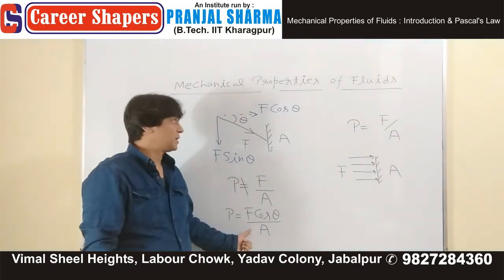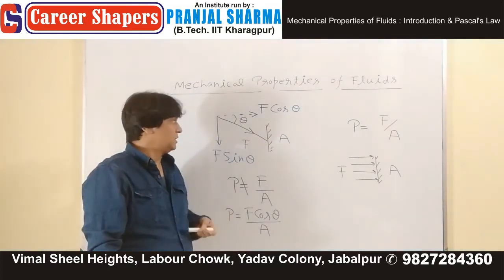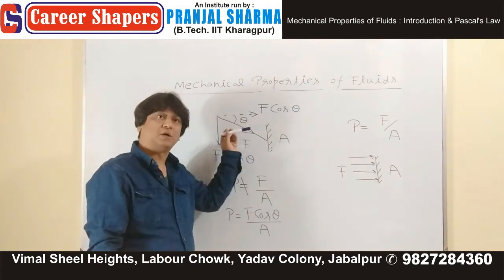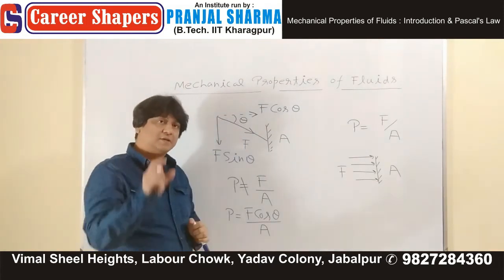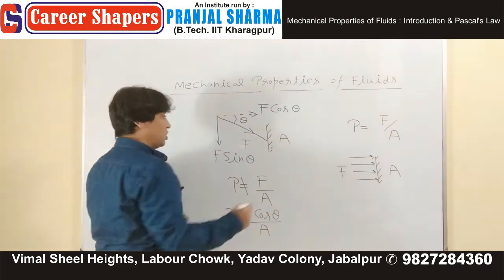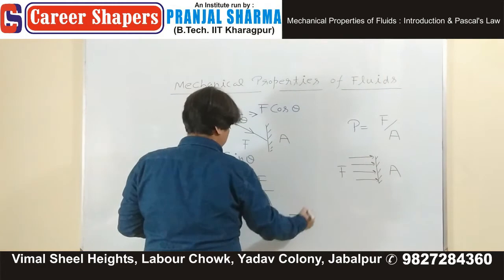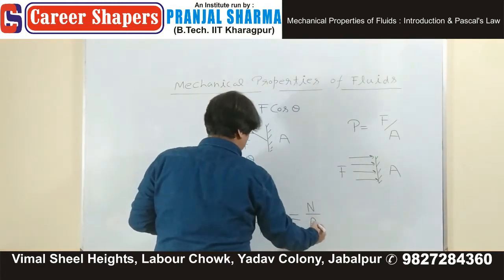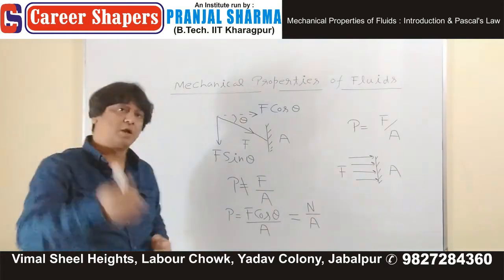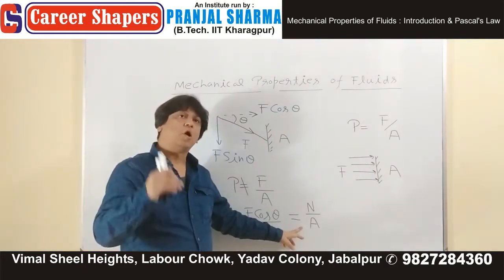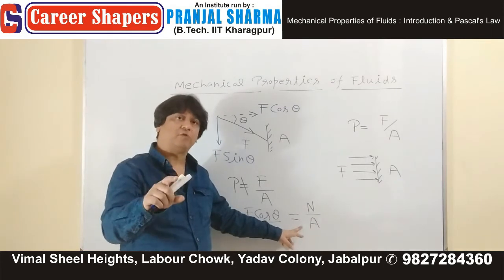Now, this type of force which always acts perpendicular to a surface, it has a special name, and we all know that is called what? Normal reaction. So if I replace pressure as what? N upon A, then I will always get a correct result.